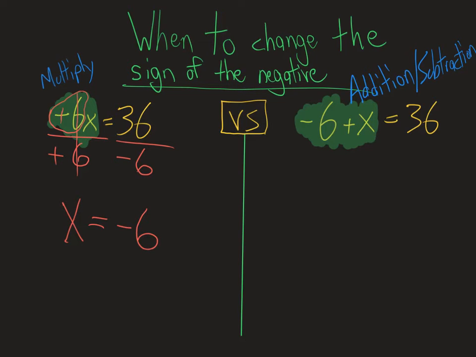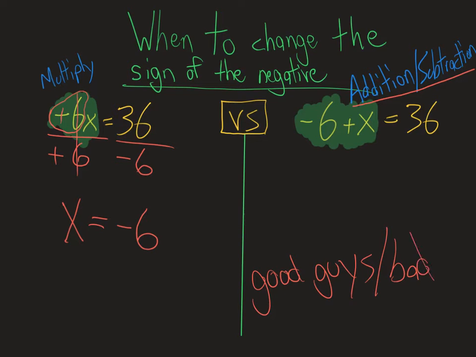On the other side, because it's an addition or subtraction, the important thing to notice is we can think of this problem as a good guys, bad guys type of situation, which means we are going to cancel off some values added to x. Whether it's some bad guys added with x or good guys added with x, there's a group of something added to x on the scale.